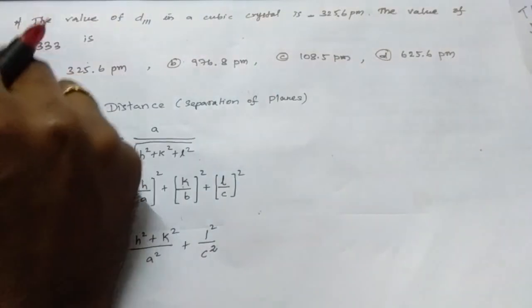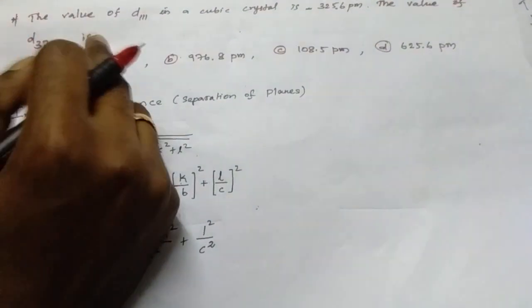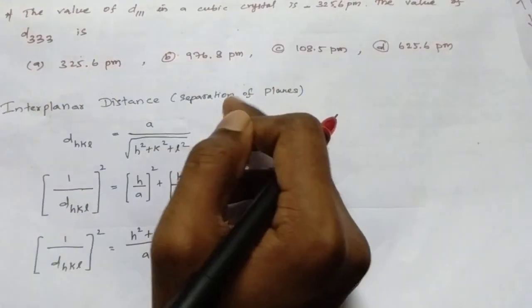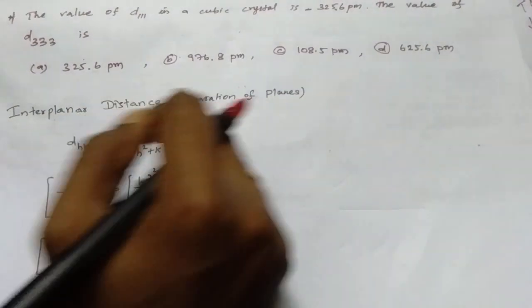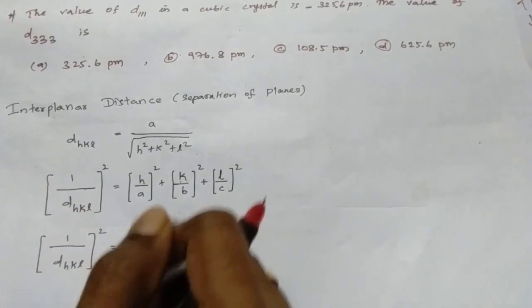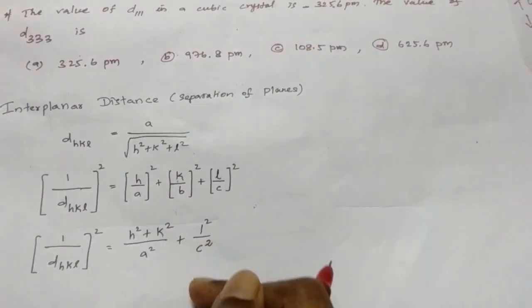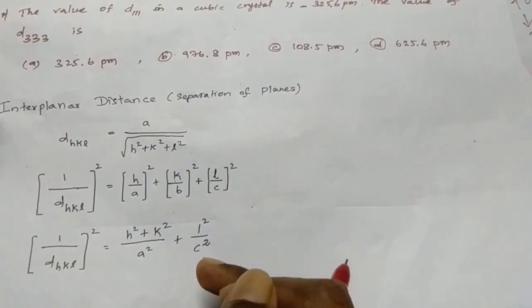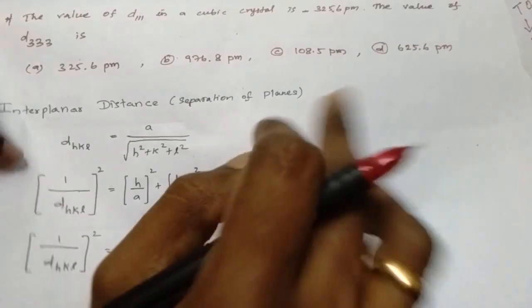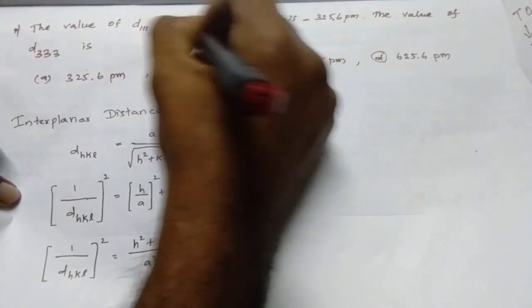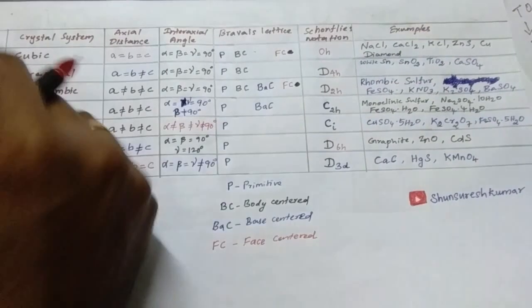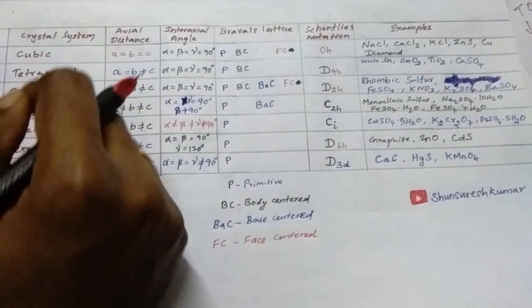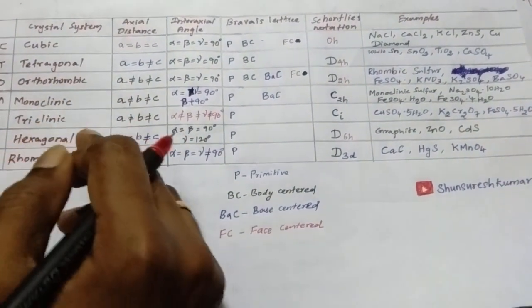The value of d333 is, so I give the options. Okay, so for interplanar distance, three formulas are there. Based on the crystal system you can answer this. Here they ask the cubic crystal. Sometimes they change the crystal system: trigonal, orthogonal, monoclinic, triclinic, hexagonal, rhombohedral.